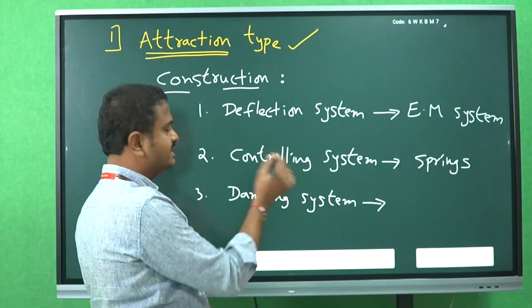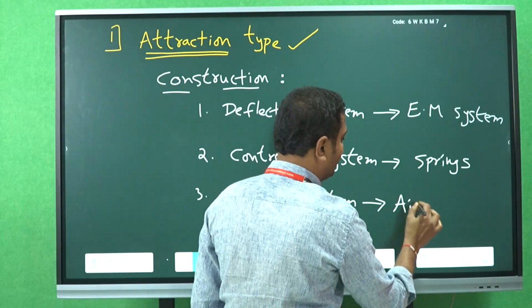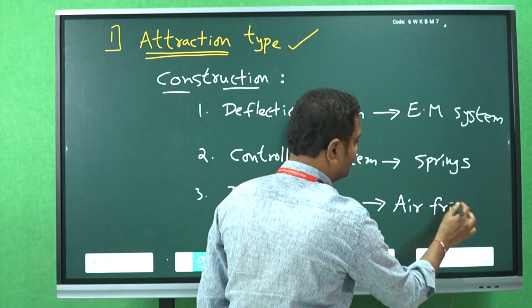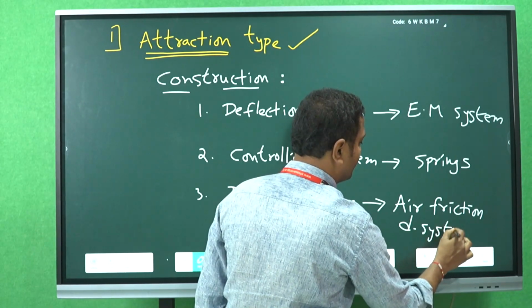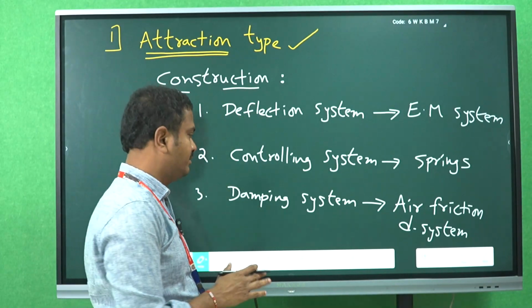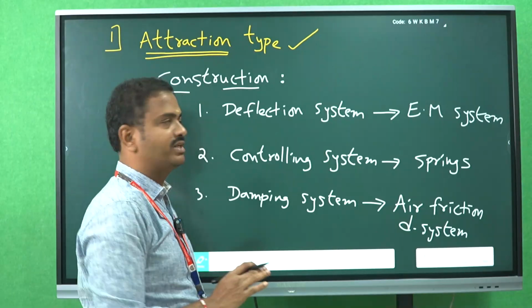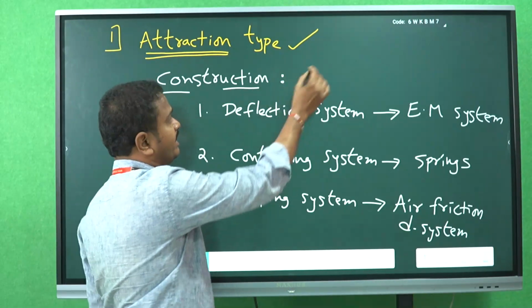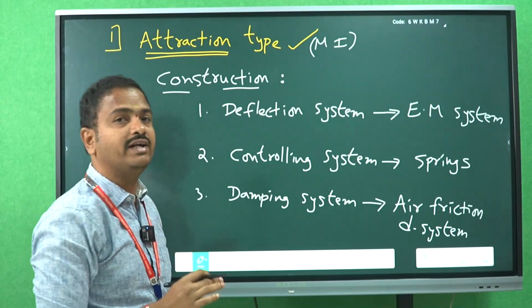In these MI instruments we are using air friction damping as the damping system. So deflection system, controlling system and damping system are the basic requirements to construct an attraction type MI instrument. MI means moving iron instrument.